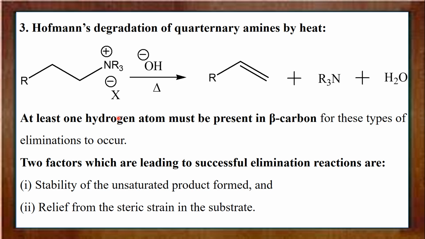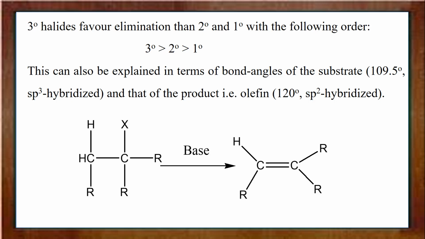Beta eliminations take place more readily in tertiary substrates than in secondary and primary ones. This is the order in which the elimination reactions take place. The fastest elimination is with tertiary substrates.